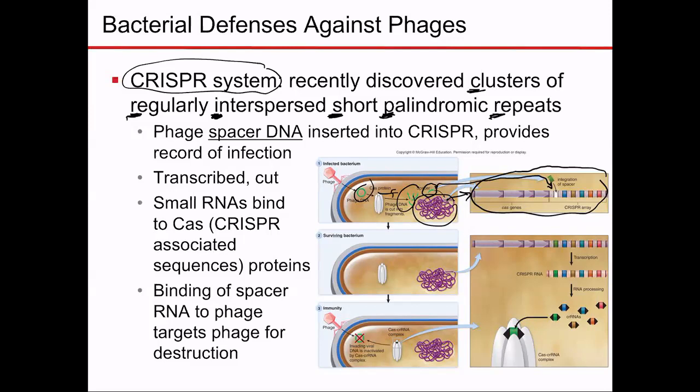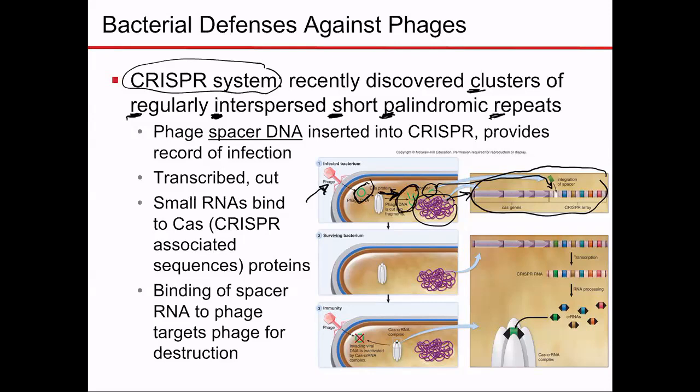And basically, you can see here the process. Let's say this bacteria here got infected with this virus. The genome of the virus is injected. That virus genome, maybe through the help of restriction enzymes, gets chopped in pieces.